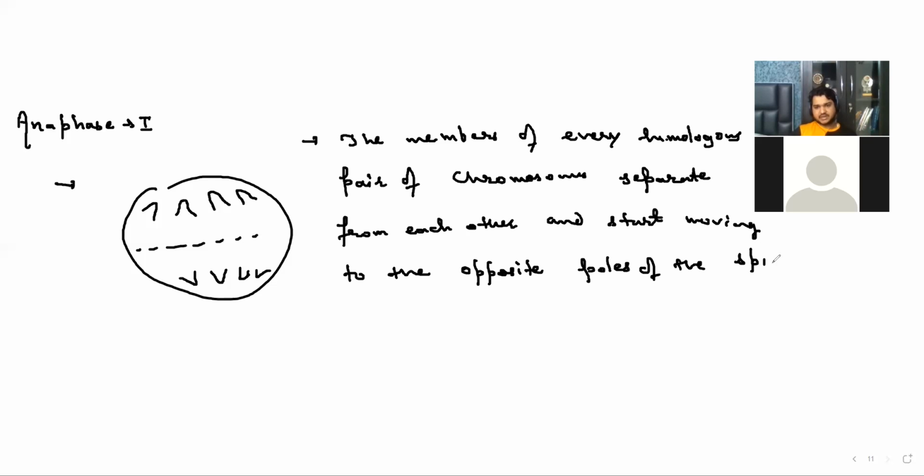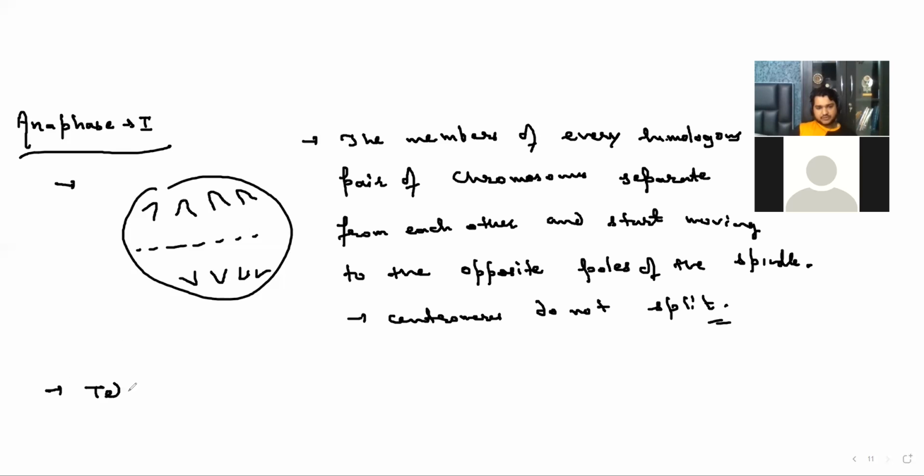One is going to that side, the other is going to that side. And remember, the centromeres do not split. Fine. So this is anaphase one.